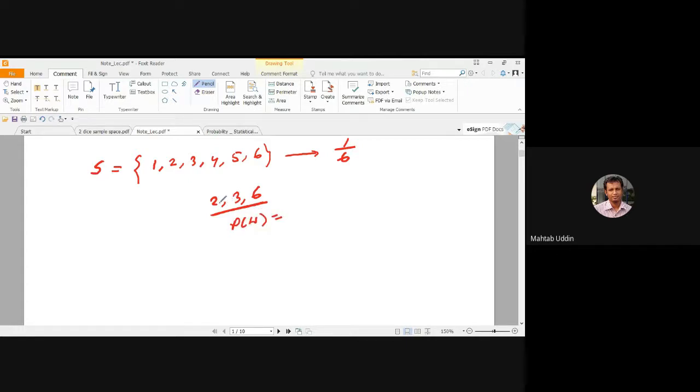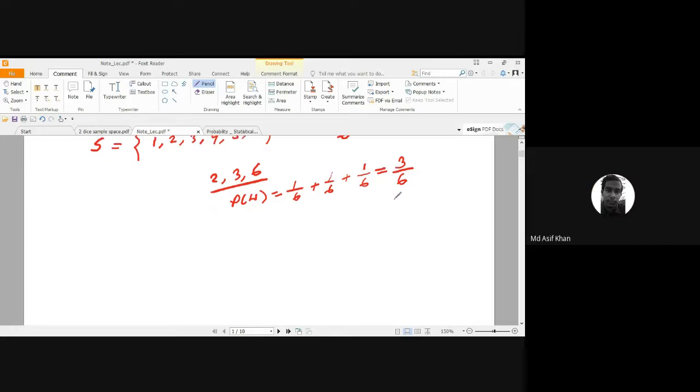If you get 2, 1 by 6. If you get 3, 1 by 6. If you get 6, 1 by 6. So in total, 3 by 6, right? So your winning probability is 3 by 6, or half.